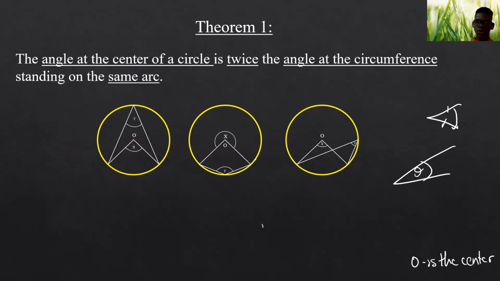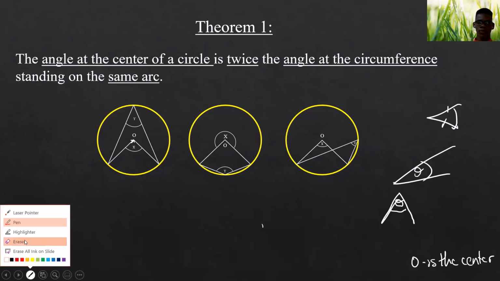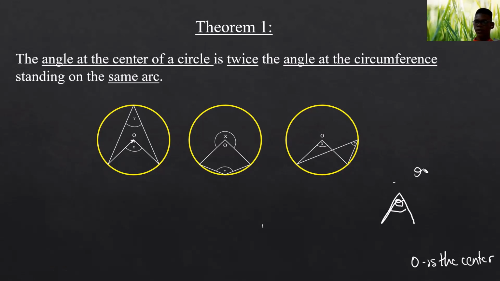So once those 2 lines connect at the center, we say it's an angle at the center. Breaking this down very slowly, 2 lines create an angle. Without 2 lines, we don't have an angle.